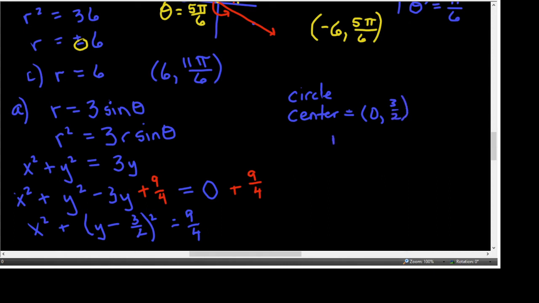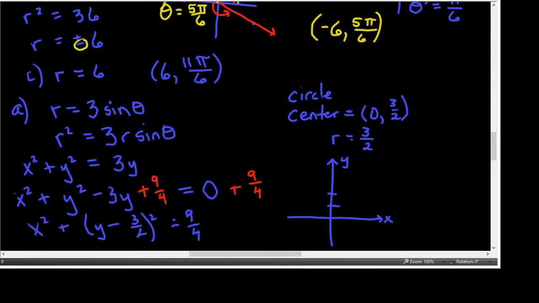And the radius of the circle is the square root of 9/4, i.e. 3 halves. So if I were to graph this in a rectangular way, I would get a circle centered at 0, 3 halves.